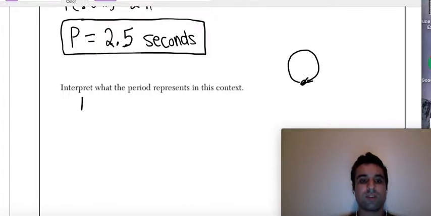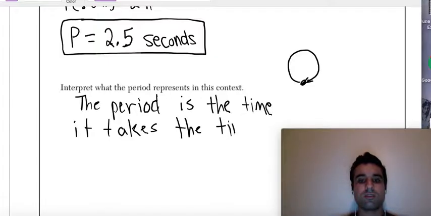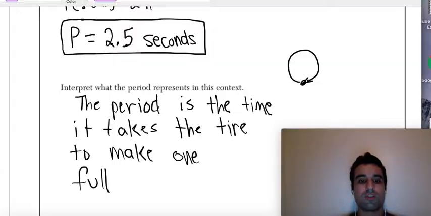So interpret what the period represents in this context.